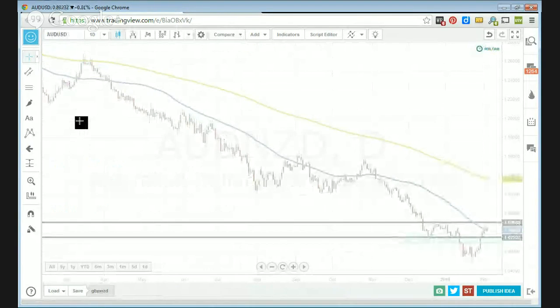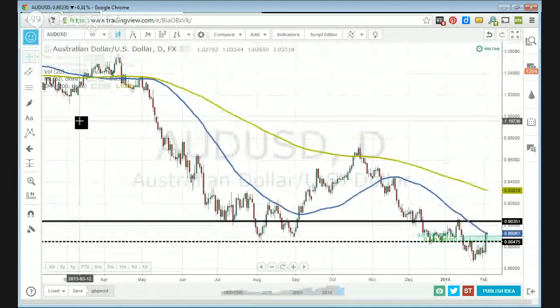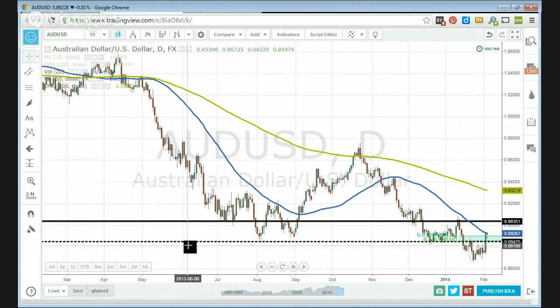Aussie dollar. Okay, I'm at the 50 simple moving average here after a big rally. Of these pairs, this is really interesting. I think Aussie dollar is probably the one I won't short. Let me actually move this up a little bit.